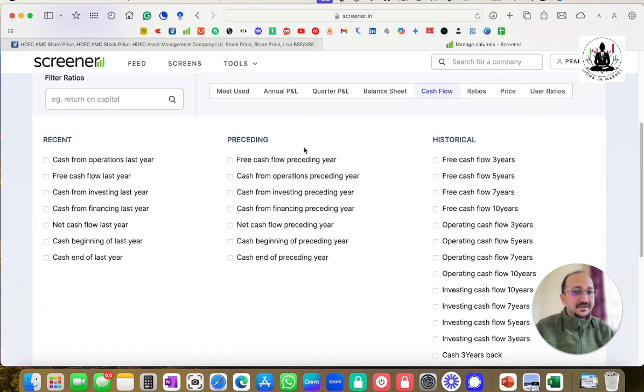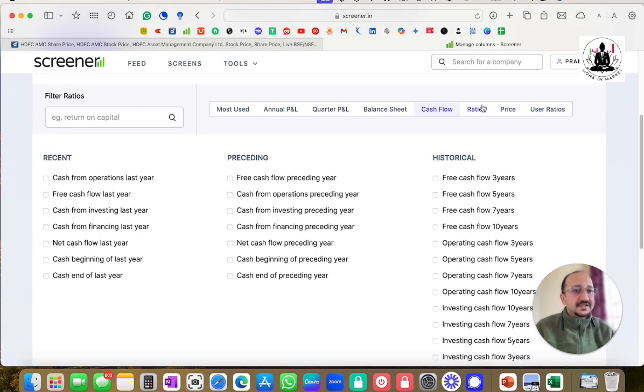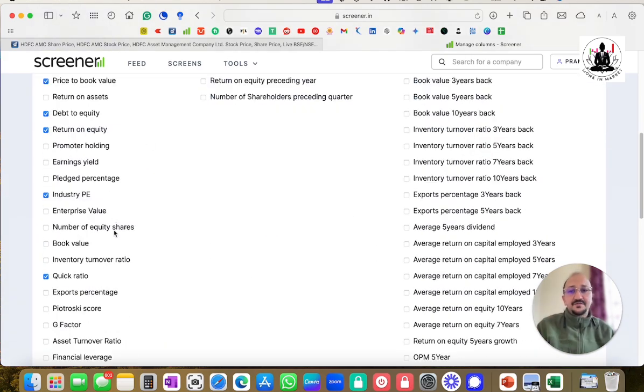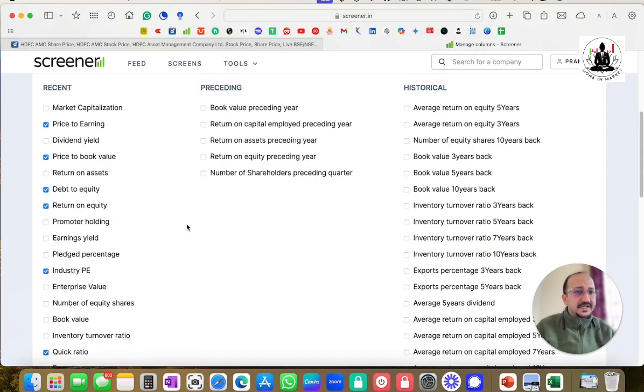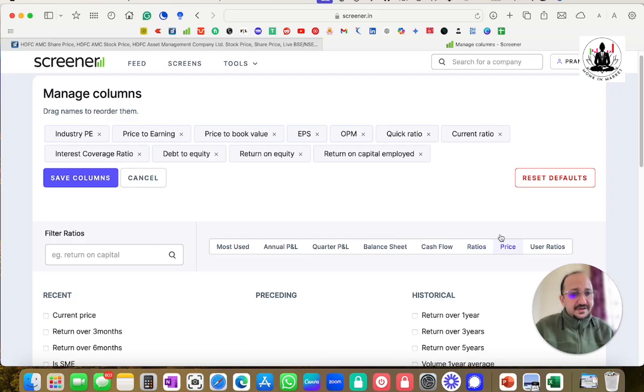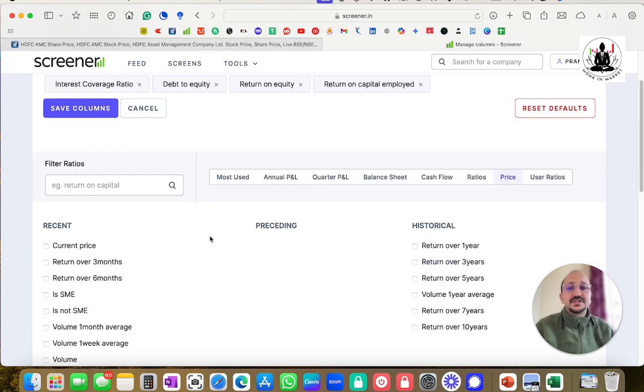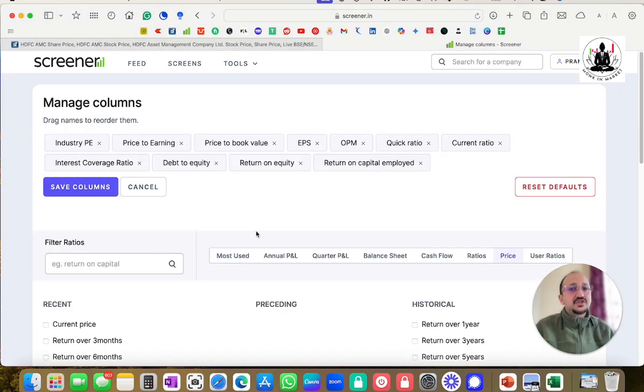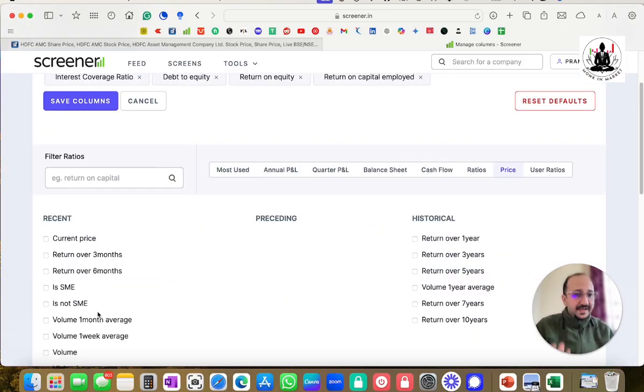So these are related to the cash flow statement. These are the ratios which are most often used, basically, right? So these are ratios related to price, meaning valuation of a company. So there are so many ratios. You can choose the way you like, the best you like, and which makes your job easy basically, right?